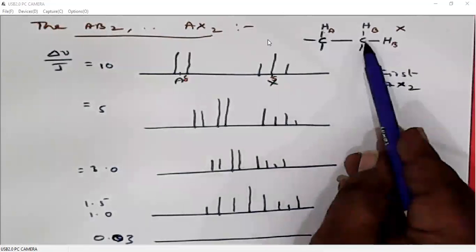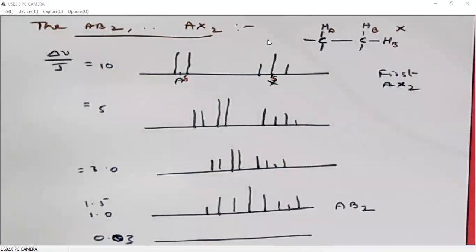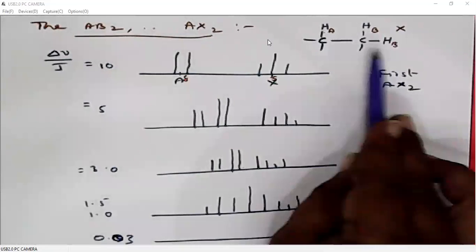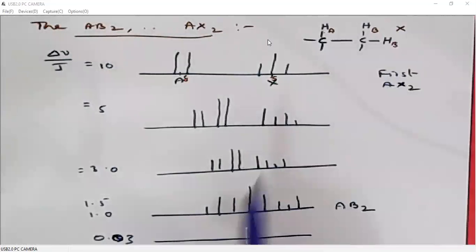These two are A and B2 type, they are chemically non-equivalent, so we don't have 0 value, right? Delta nu by J never becomes 0 because these two are chemically non-equivalent. So when it is very low, what will happen? The complexity will be very high.